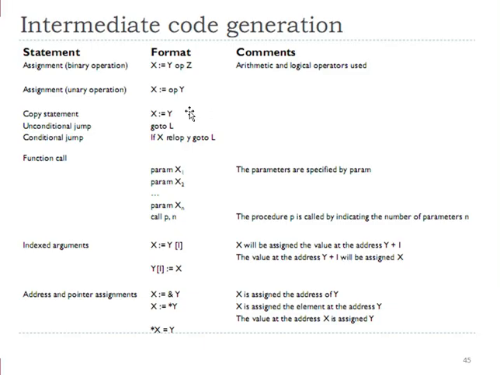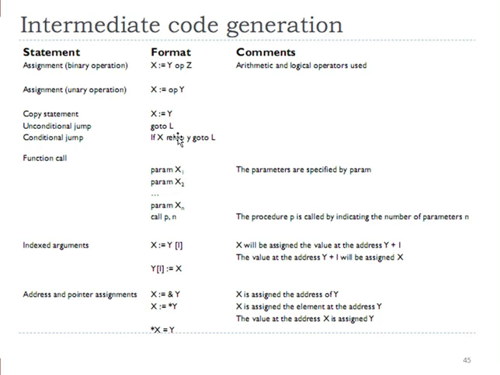A copy statement is also written in three address code representation as X equal Y, which just copies the Y value onto the X variable. Unconditional jumping can be represented by the keyword goto and the label L. So without checking any condition, we can let the flow of execution jump to L.